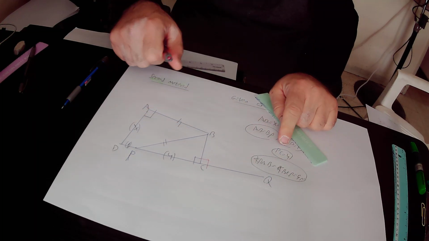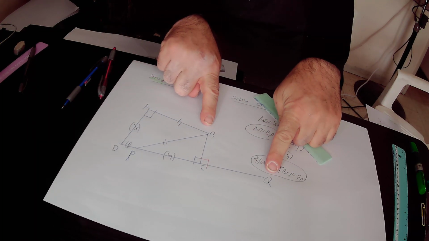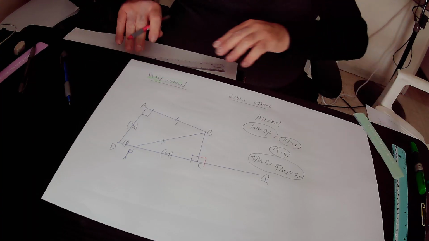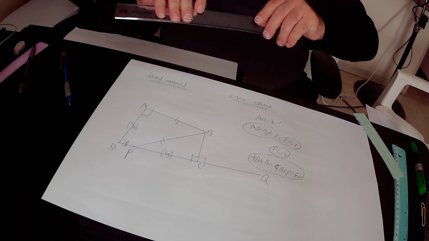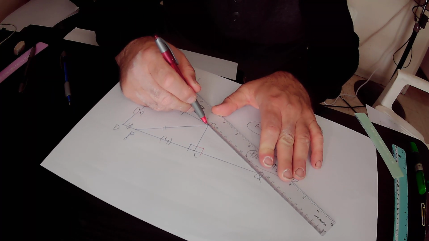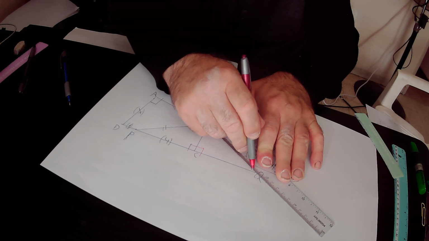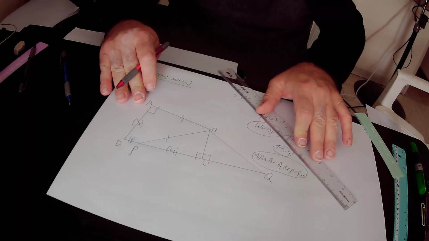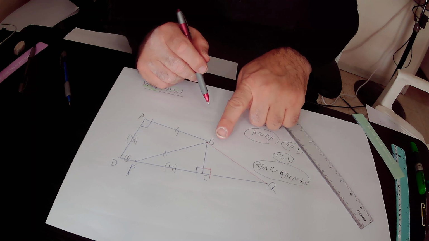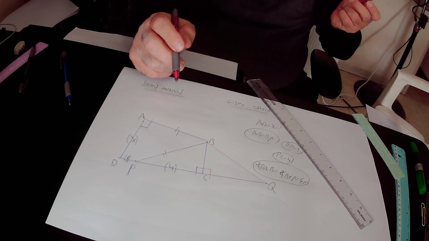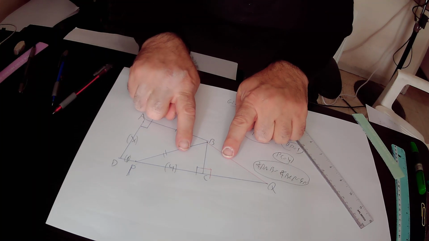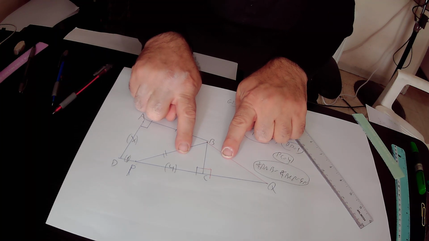In the next step, we will join points B and Q by a straight line. By joining points B and Q, we get this right triangle BCQ. In the next step, we will prove that those two right triangles are congruent according to the side-angle-side rule.